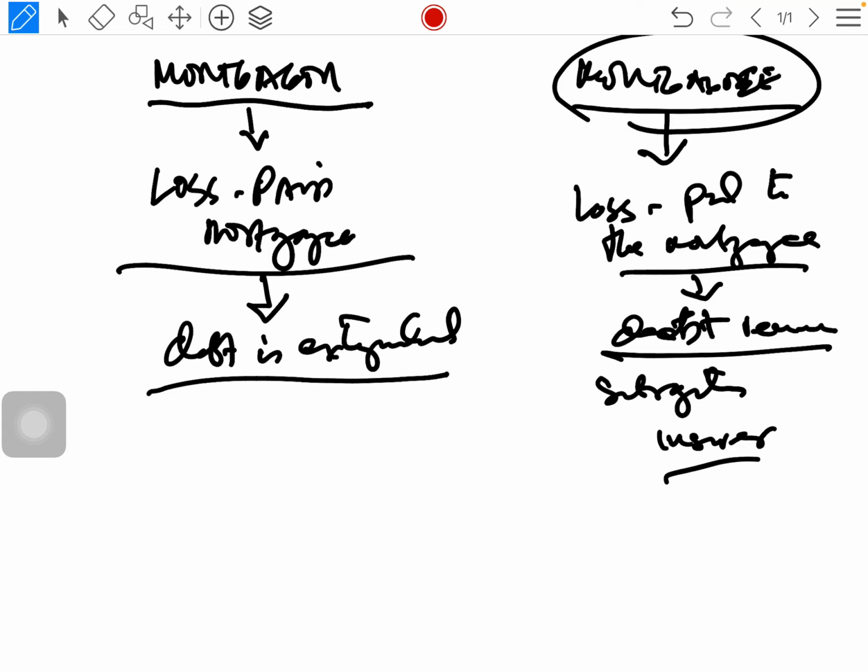If the mortgagee procures the insurance, the debt is not extinguished, and instead, the insurer is subrogated in place of the mortgagee. So the mortgagor will owe the insurer. So those are the basic differences between the insurable interest of the mortgagor and the mortgagee.